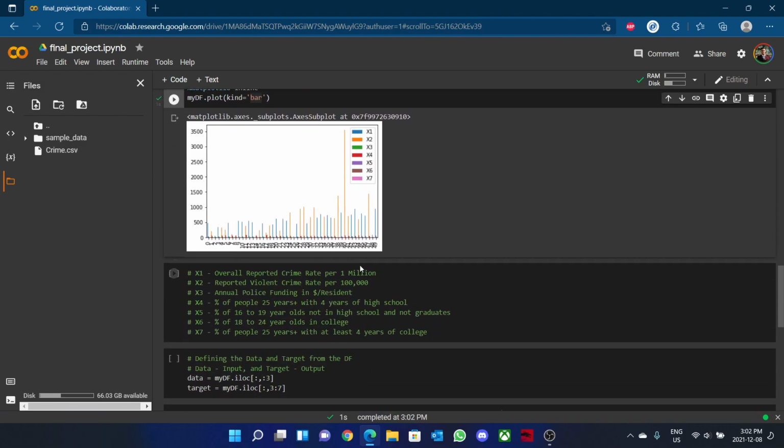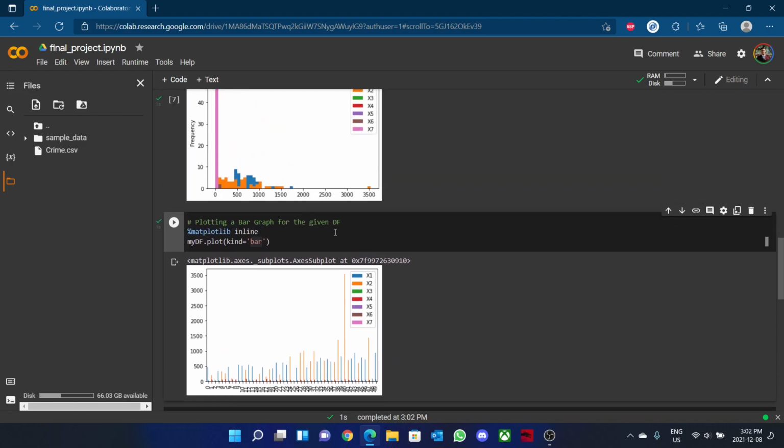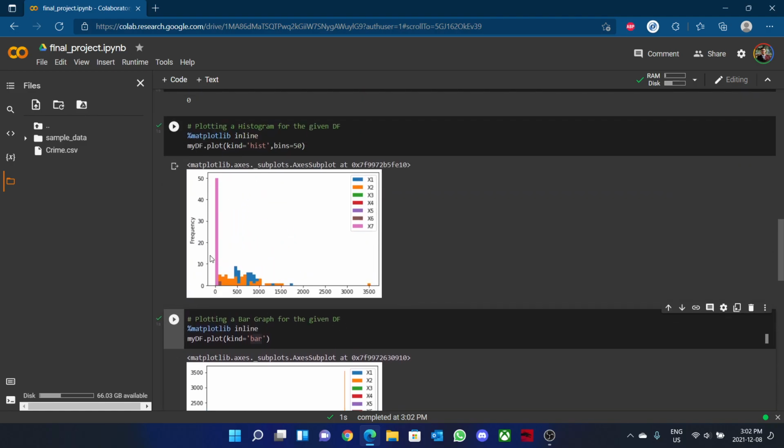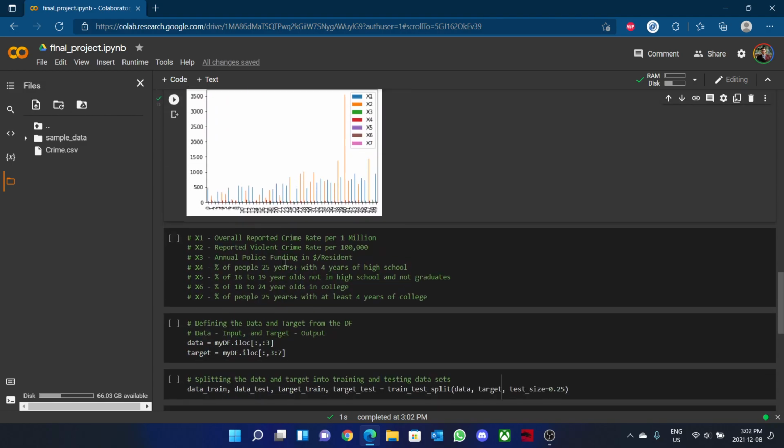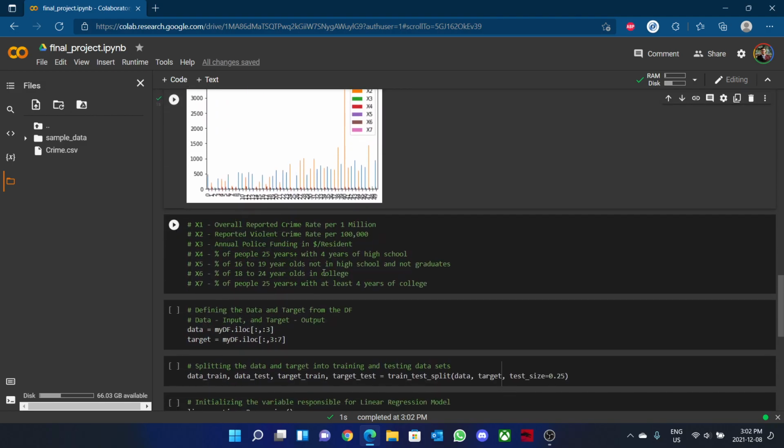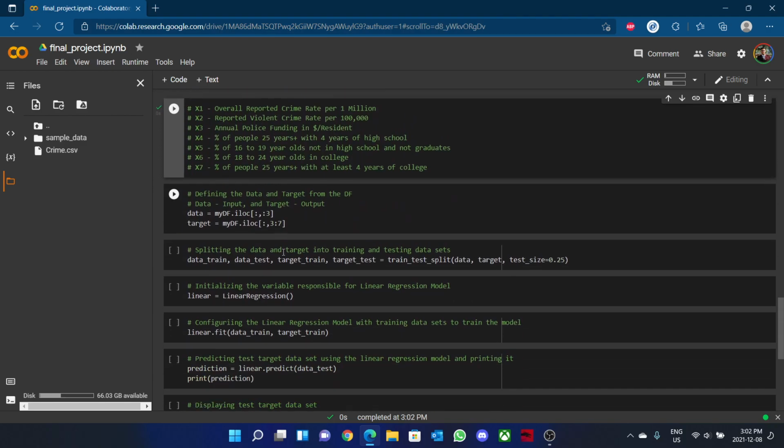So yeah, it's divided into bars, and this one is a histogram frequency. So these are the parameters again, just for reference from the bar graph and histogram.